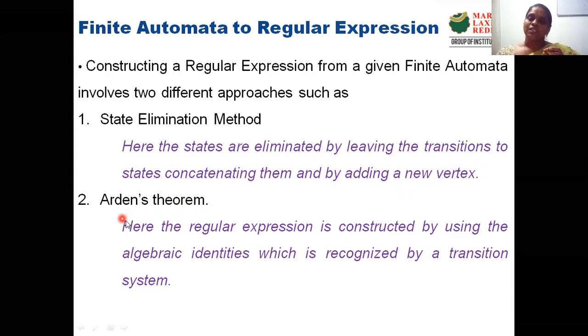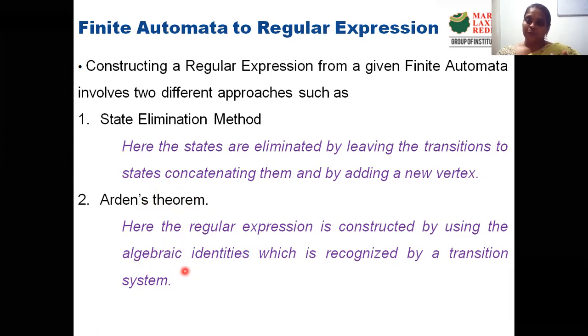Then coming to the second approach, that is known as Arden's theorem. Arden's theorem is used in solving regular expressions. In order to reduce the complexity of a regular expression, we can use Arden's theorem to simplify the expression, making use of the algebraic identities that we discussed in our previous lectures.